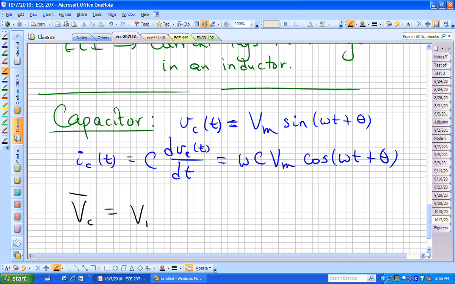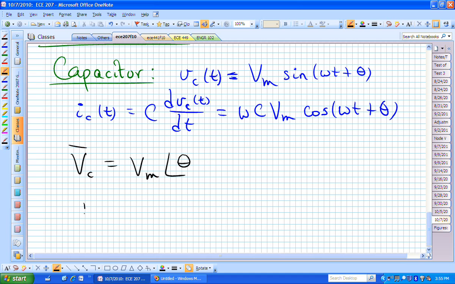V sub C, that's V sub m at an angle of theta. I sub C in phasor form is now omega C V sub m at an angle. Oh, what am I doing? Can you guys wake me up? That was a sine, wasn't it? Not S-I-G-N, but S-I-N-E. We need to convert it to a cosine for voltage. So that's now theta minus 90.